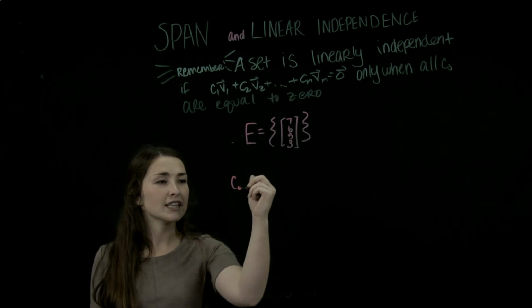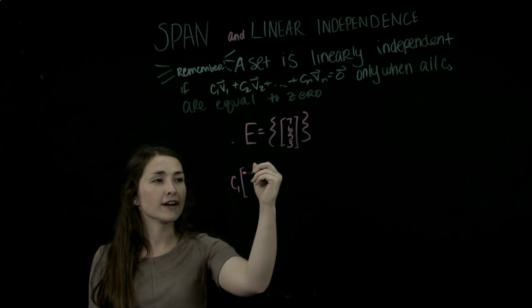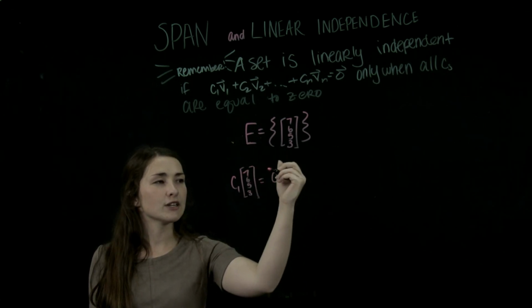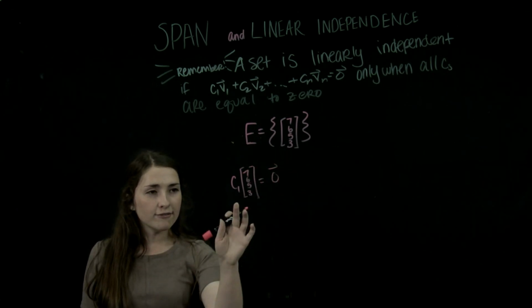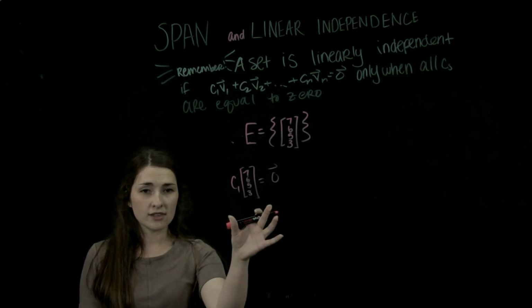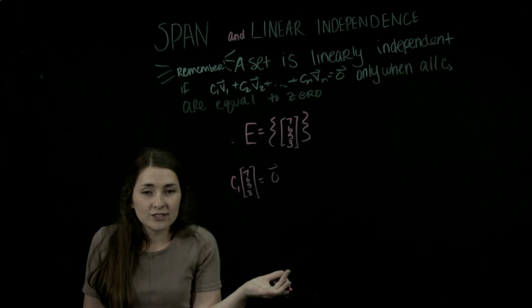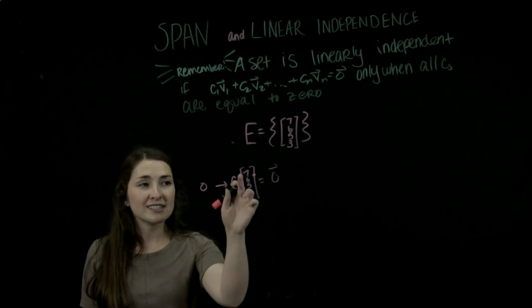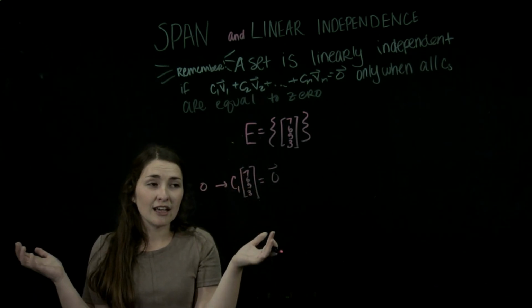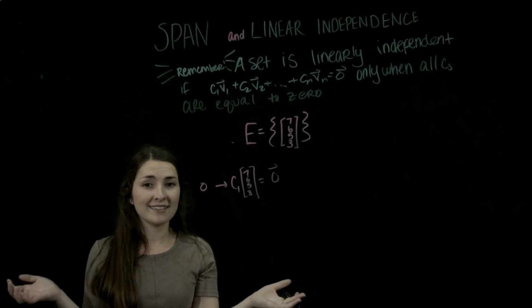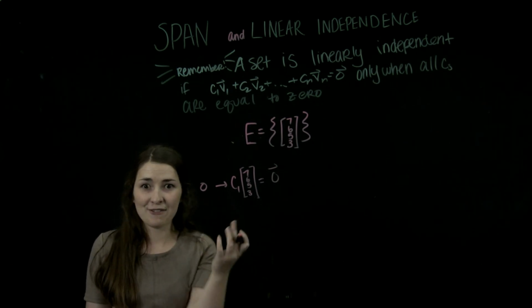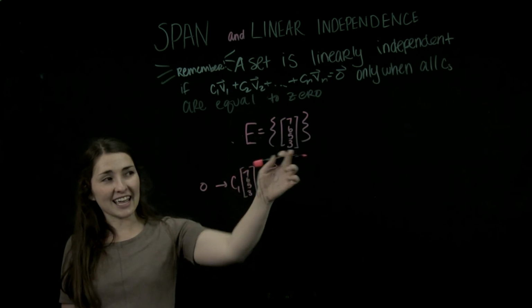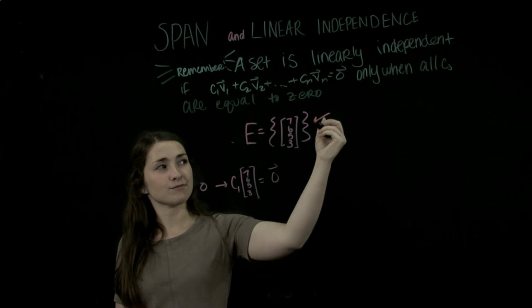If we take a linear combination of this vector and set it equal to the 0 vector, what value of C1 will make this true? Well, there's only one solution, and that means that C1 has to be equal to 0, because 7 times something is only ever equal to 0 when that something is 0. So this set is linearly independent.